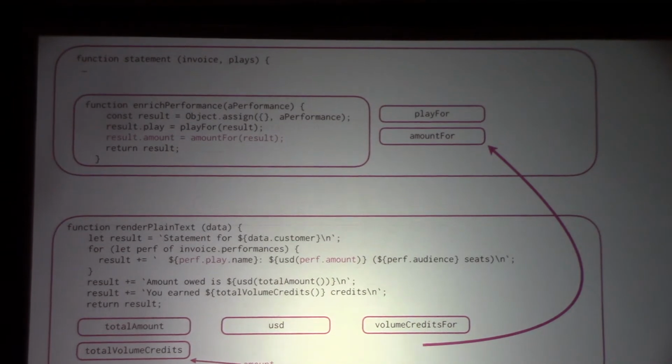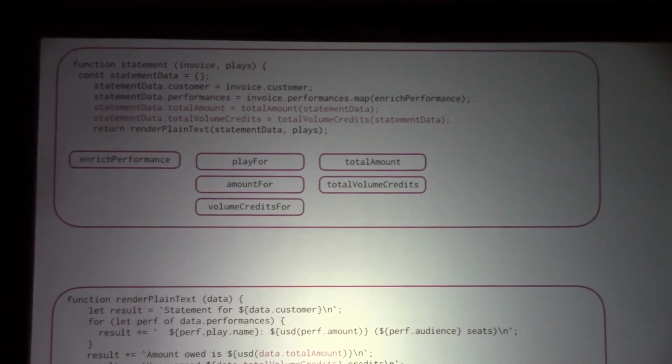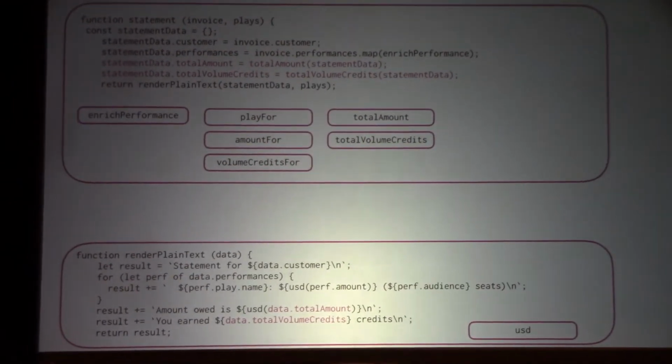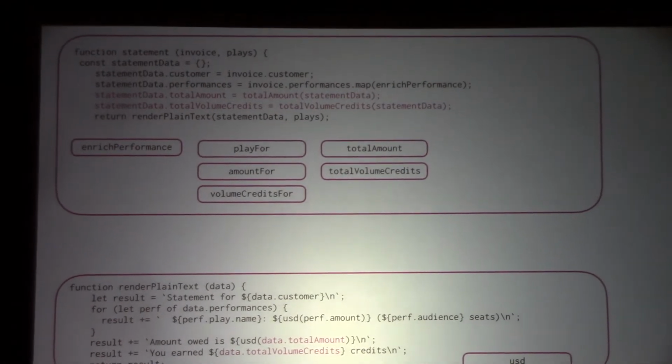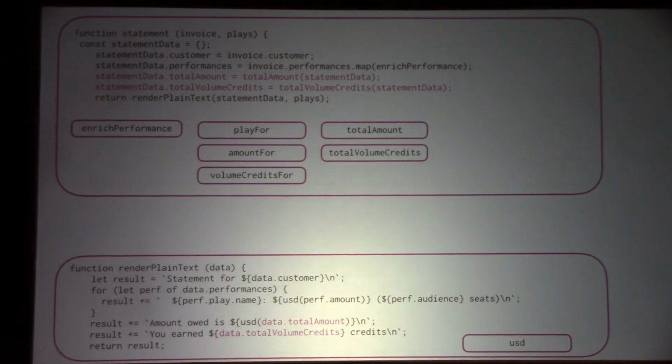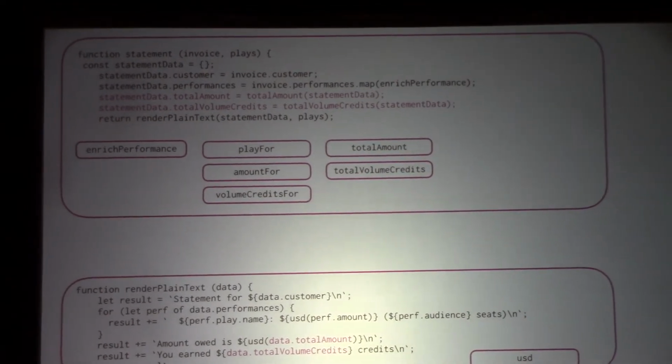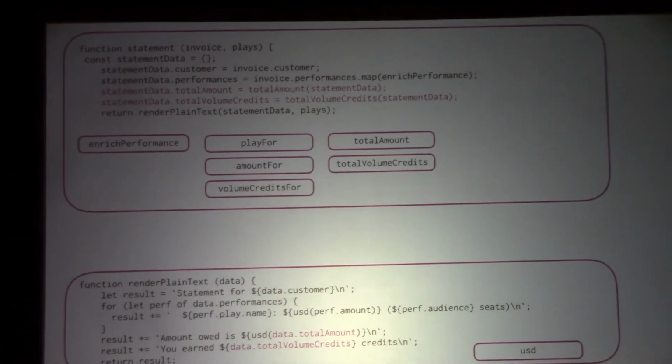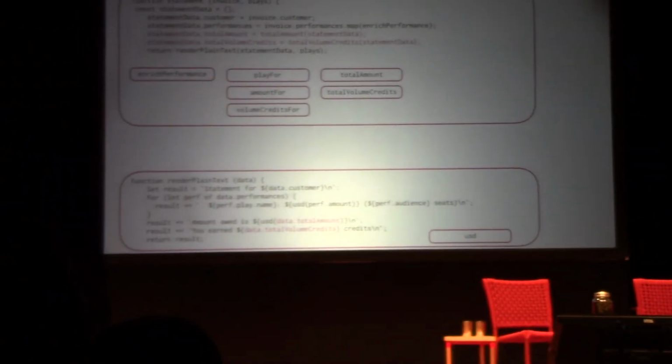We just basically repeat that whole process, moving the functions steadily one at a time, till all of the calculation functions are in that top part, the first phase of the calculation. They populate the intermediate data structure, and the intermediate data structure is then passed on to rendering as text.